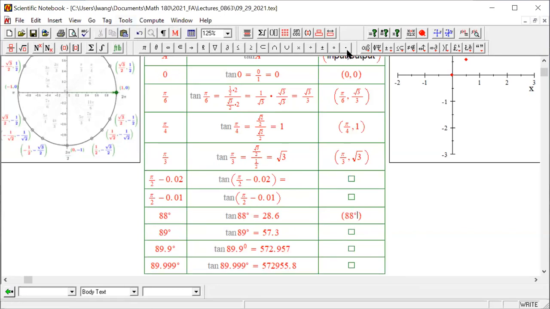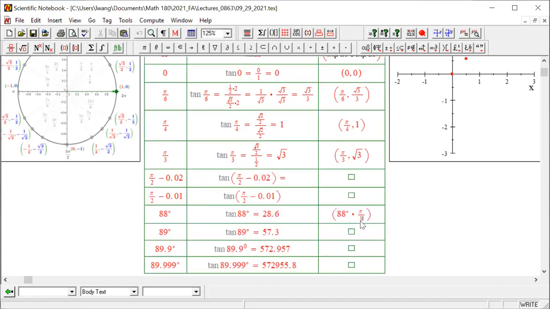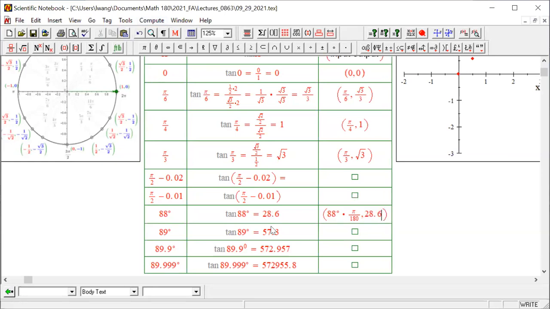We need to multiply this. To put it on the chart, you have to have that radian. So you're going to have pi in the numerator, denominator is 180. That's the radian. And the ratio is 28.6.